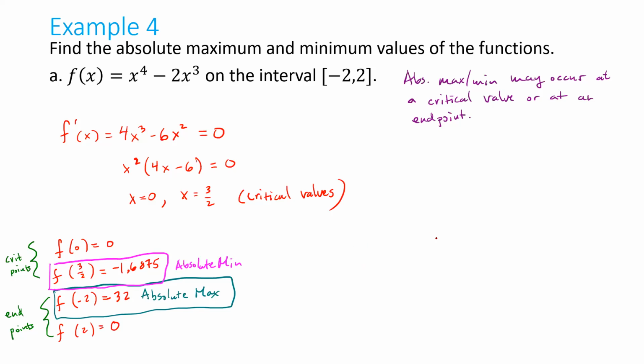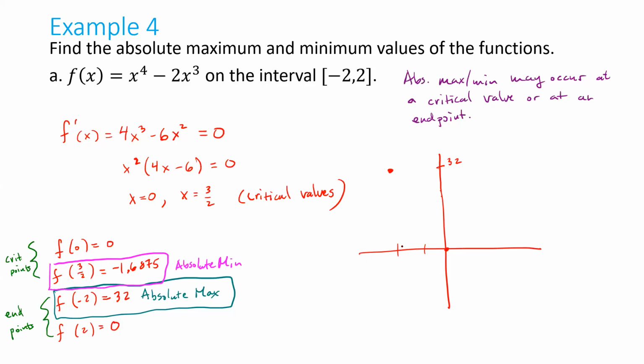So just to kind of picture what we have here. See, at -2 it was 32, so something up here. F of 0 is 0.